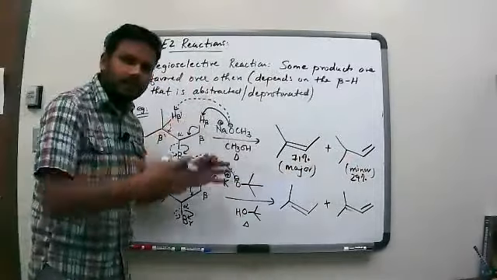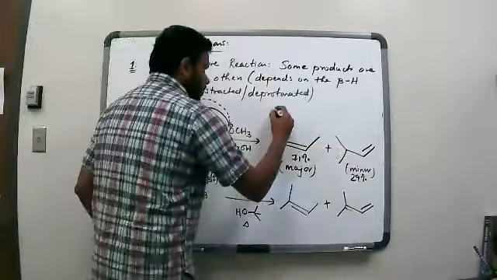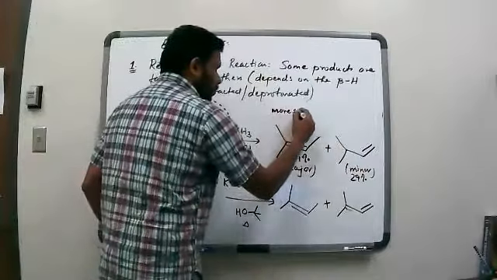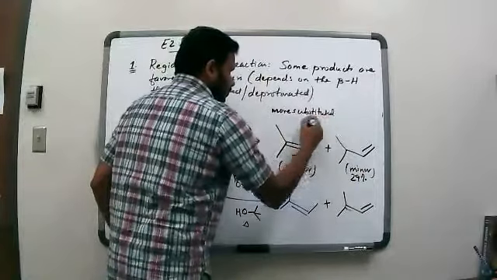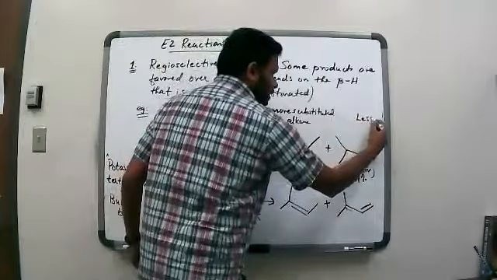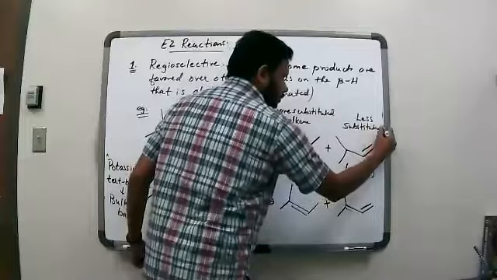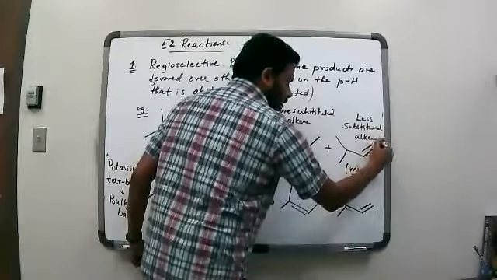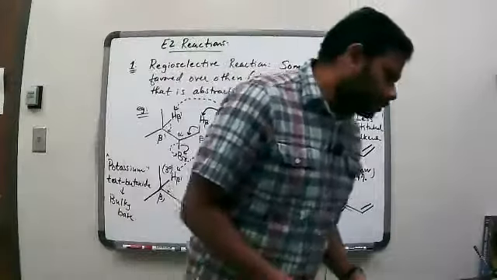So the way we differentiate these alkenes are more substituted alkene, less substituted alkene. So this is the more substituted alkene, and this is the less substituted alkene, okay? So now we can actually favor the more substituted alkene.